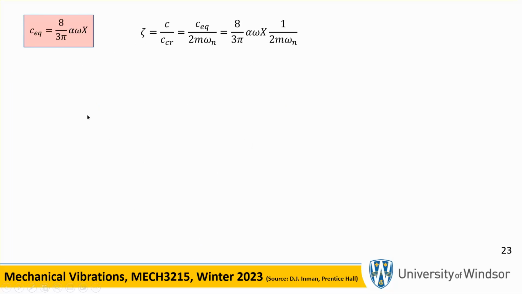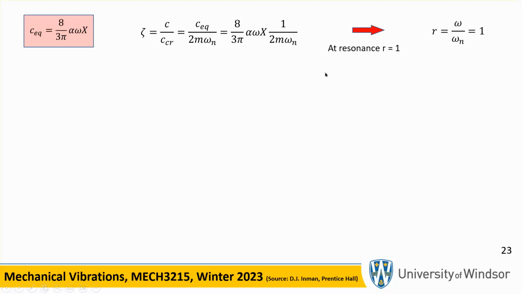In order to find big X, we need the damping ratio, c over c critical. C equivalent we just found; it was this thing. Of course, c critical is 2m omega n, where omega n is the root of k over m. We already know that.